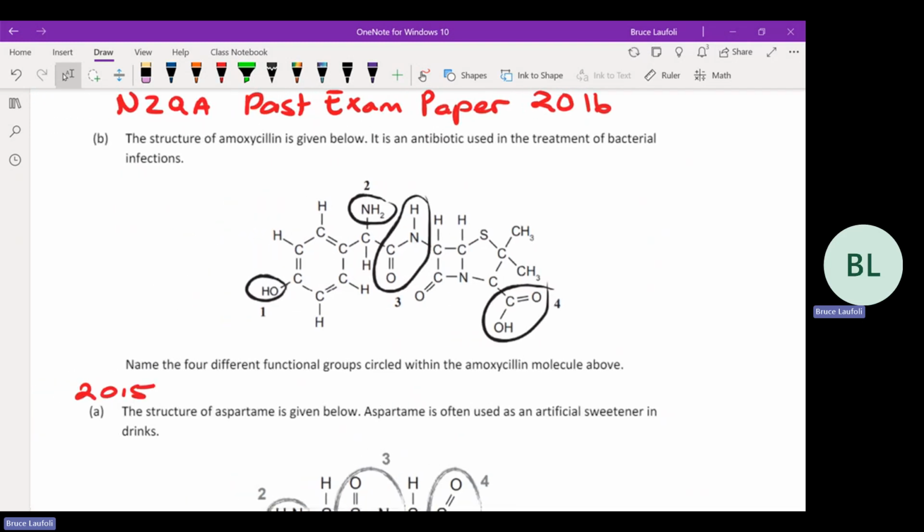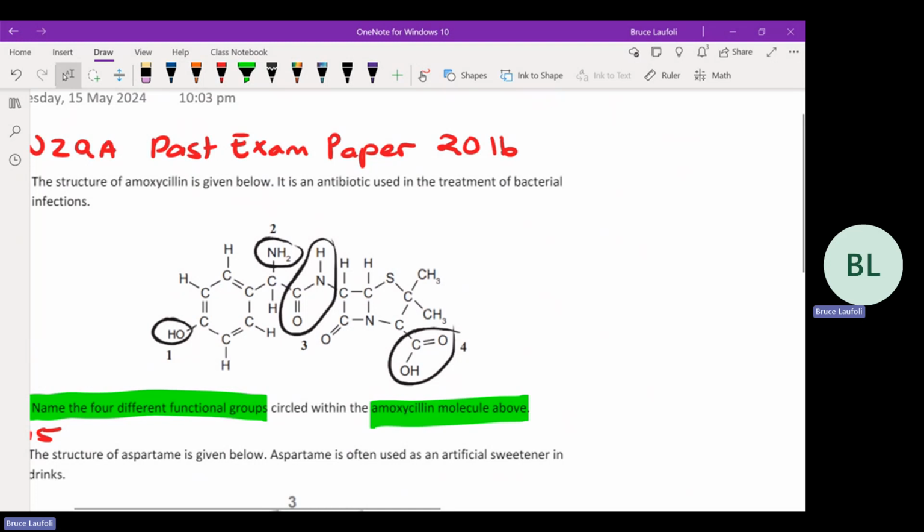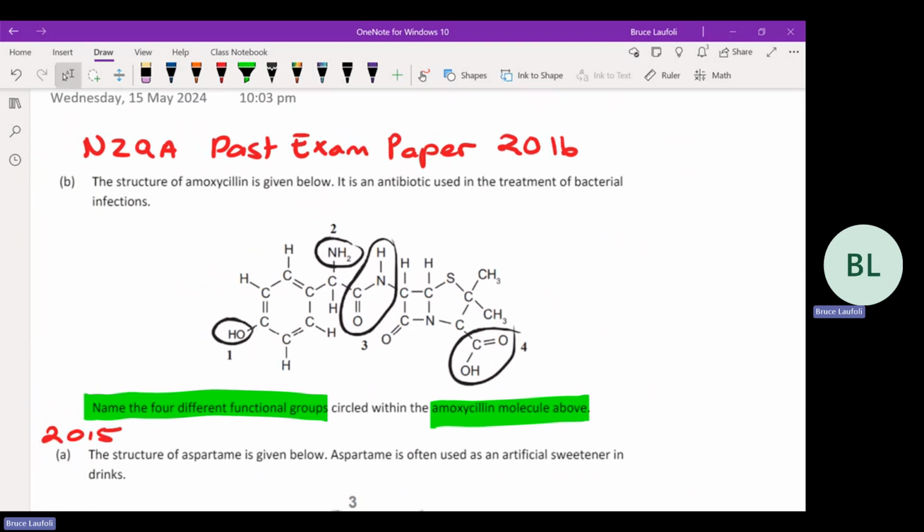Okay, so let's get straight into it. Name the 4 different functional groups circled in the amoxicillin molecule above. Amoxicillin is an antibiotic, and of course it has varying properties based on its functional groups over here.